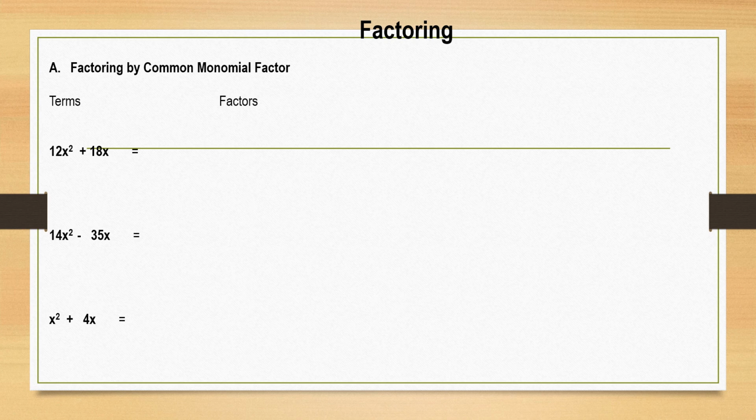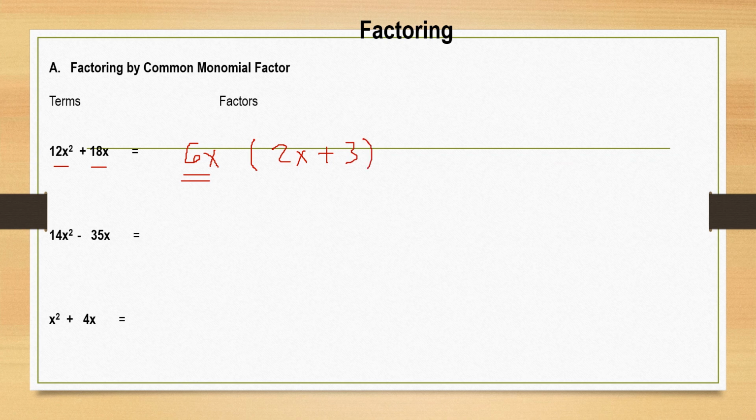So what is their GCF? Their GCF is 6x. Now, 12x squared divided by 6x is equal to 2x. Positive 18x divided by 6x is equal to positive 3.